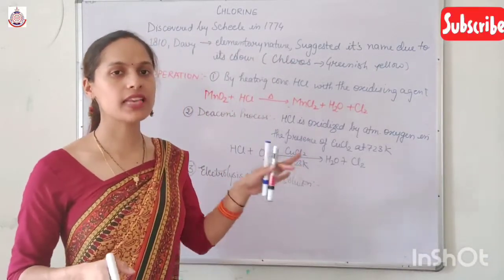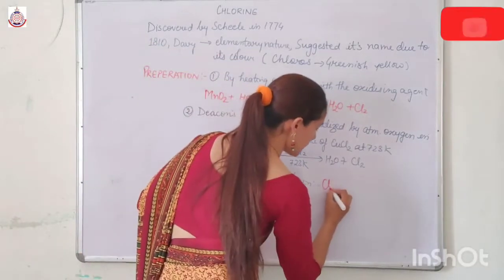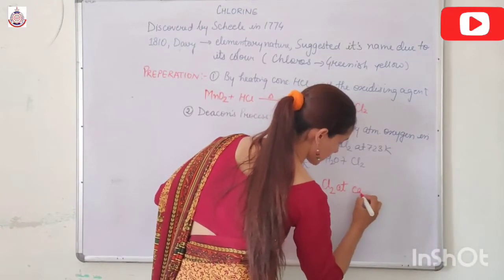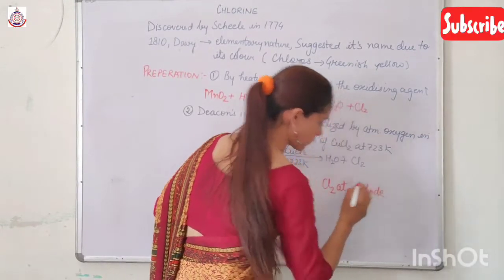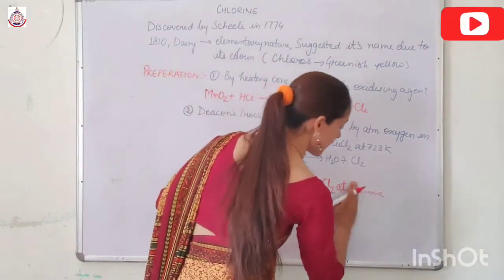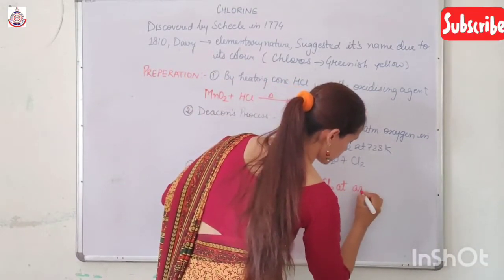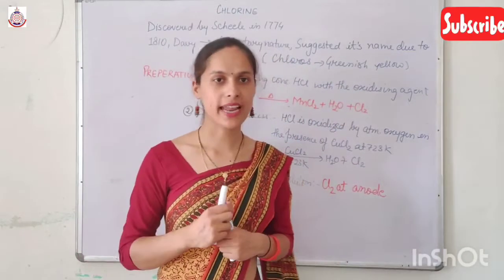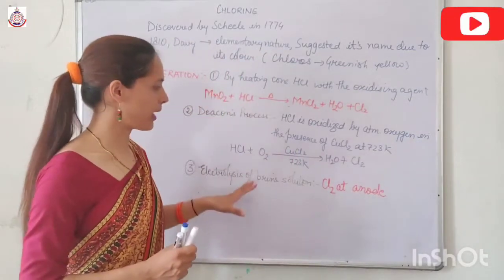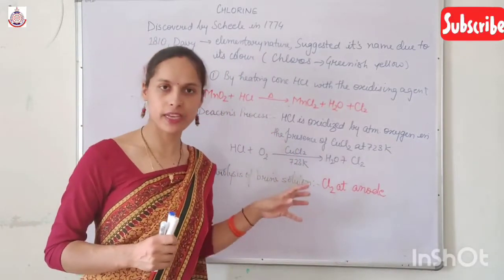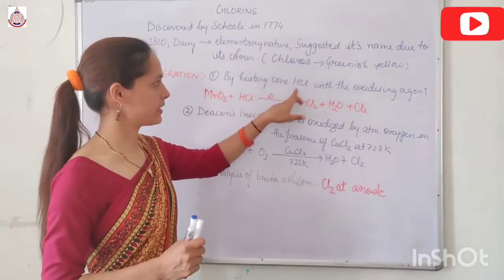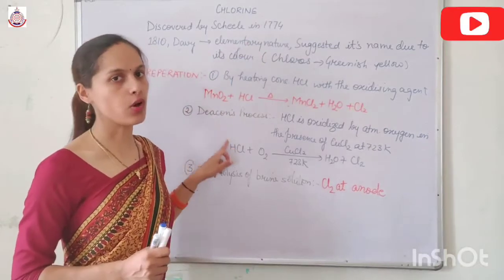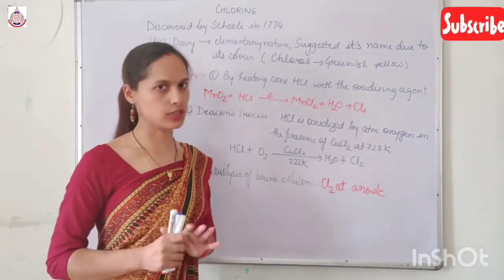When we electrolyze it, we get chlorine at the anode, because the negative ions move towards the anode, and a different product at the cathode. So these are three methods with the help of which we can prepare chlorine: either the method used by Scheele, or Deacon's process, or the electrolysis of brine solution.